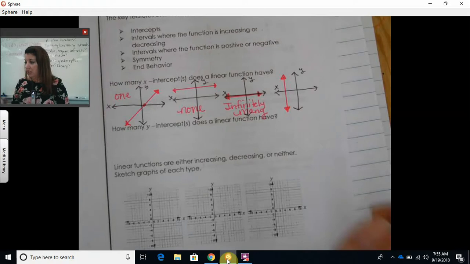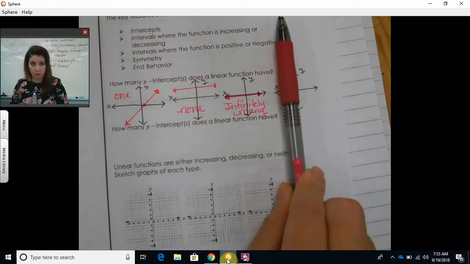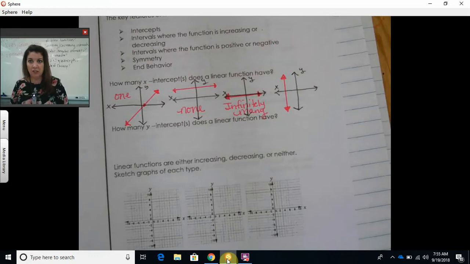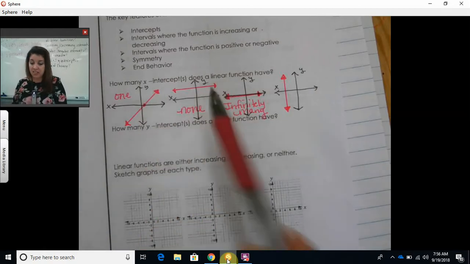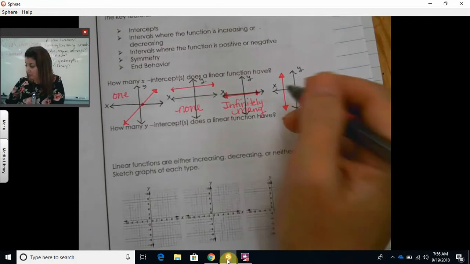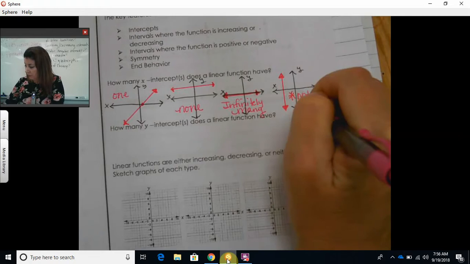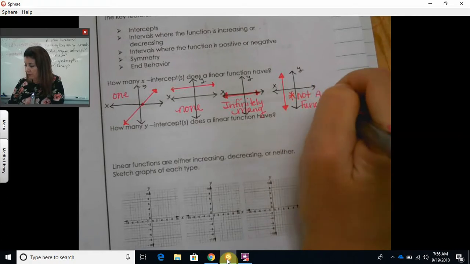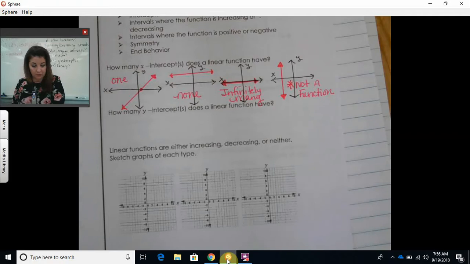Remember, to be a function, your graph can only touch any vertical line at one point, and this graph touches that vertical line in an infinite number of points. So it's a line, but we wouldn't consider it a function. So since the question said how many x-intercepts does a linear function have, this one's not a function. That one was just a big old trick.